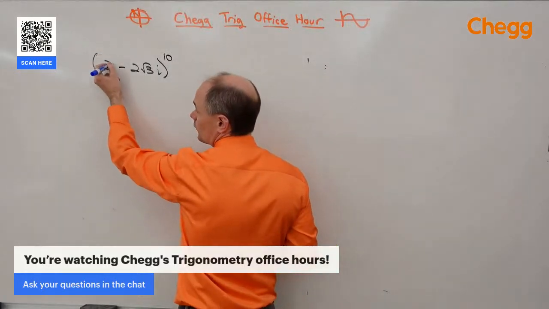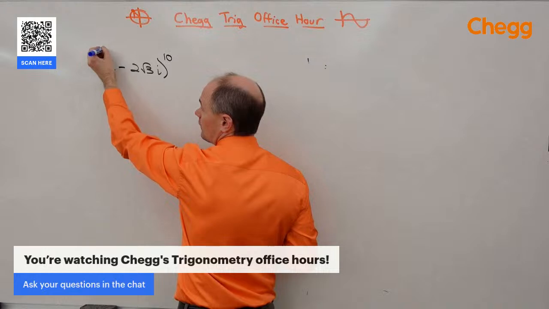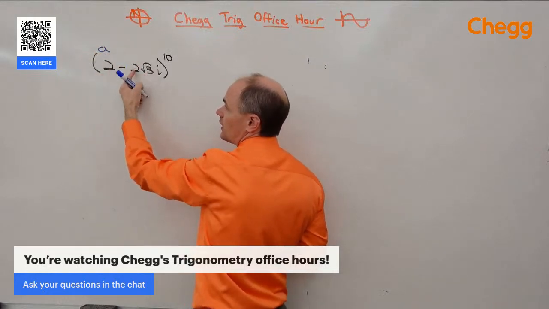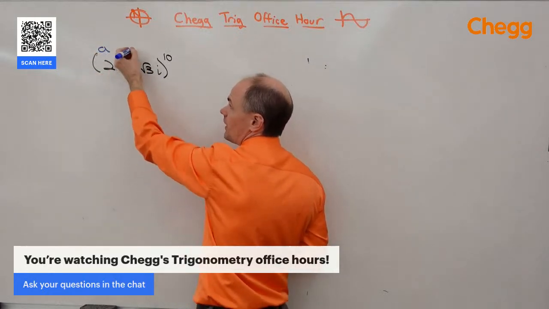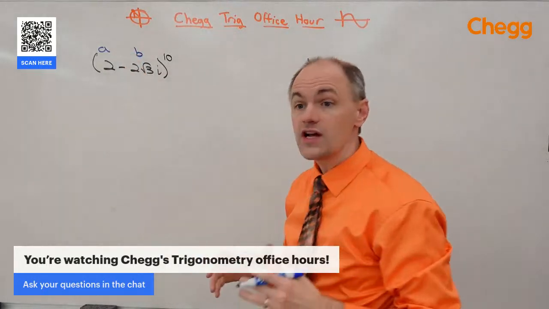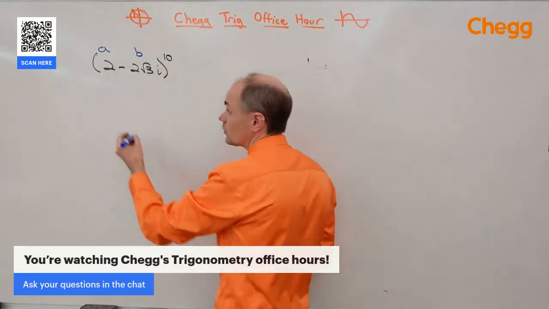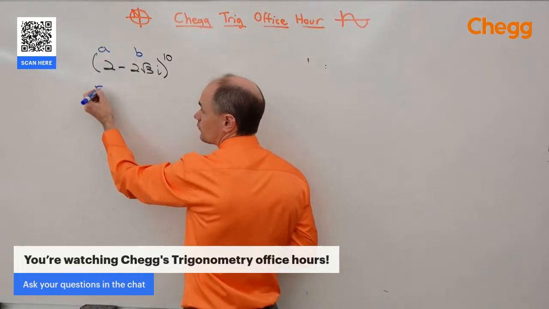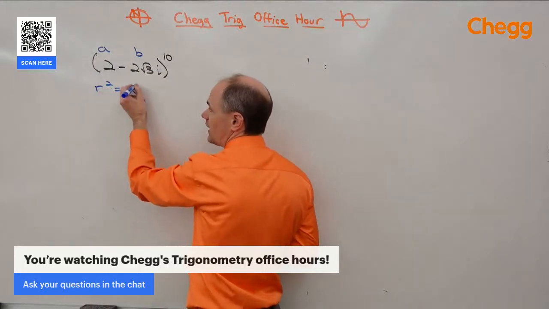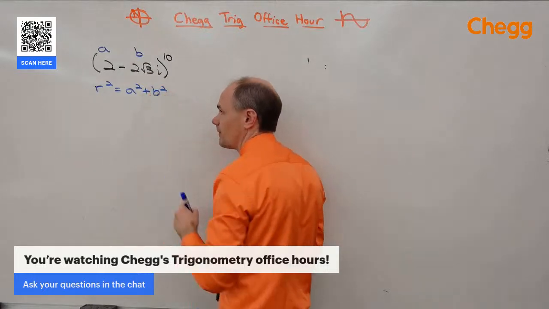We're going to call this real part, the 2, A. The coefficient of the imaginary term, I'm going to call that B. We're going to change this to a polar complex number where the radius squared is equal to A squared plus B squared.